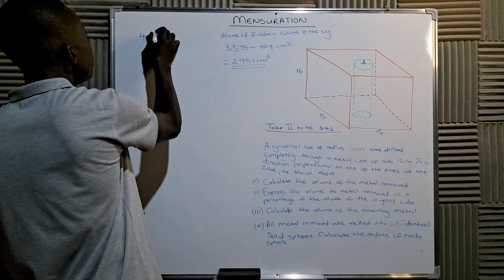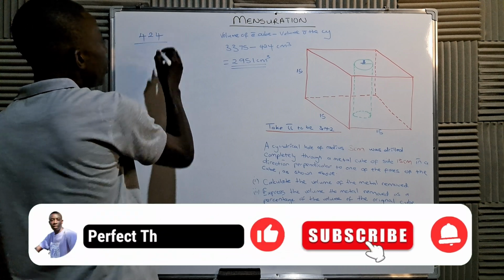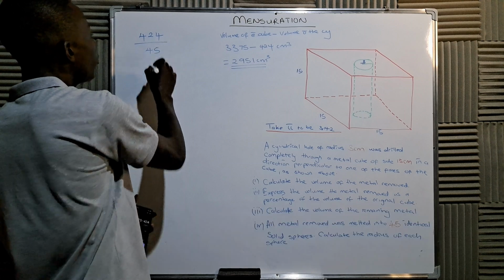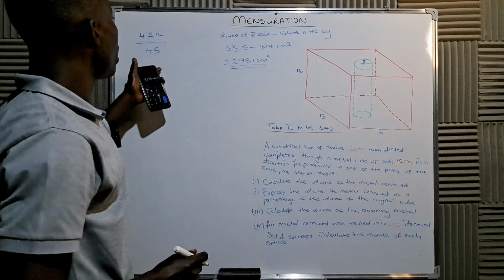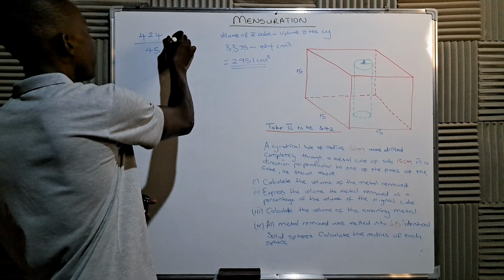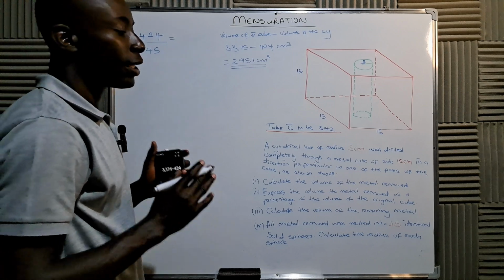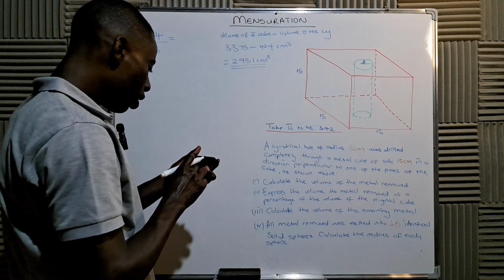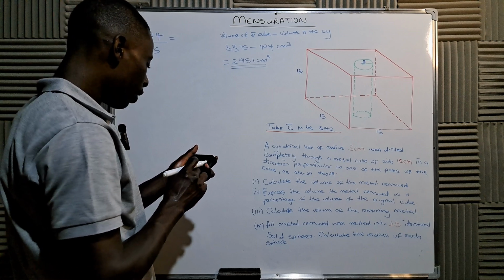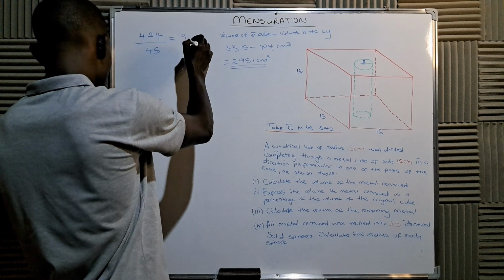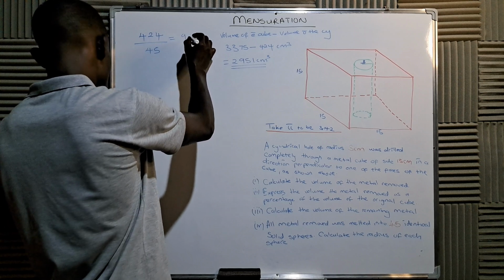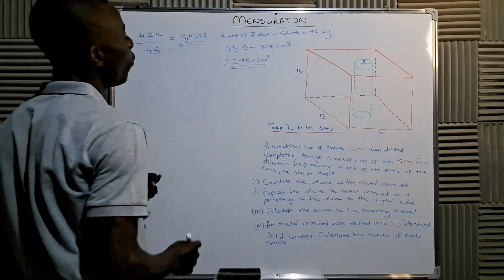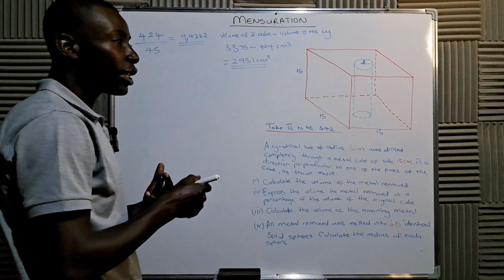We have calculated it and we've got 424. And we are going to divide it by 45, the number of spheres. So we are doing this to get the volume of a single sphere. So 424 divided by 45. So we are getting 9.4222. So this is the volume of a single sphere.